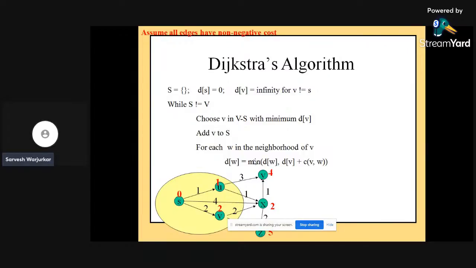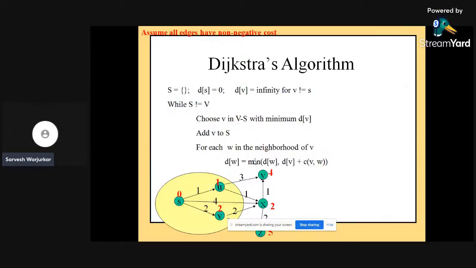Look, if we go with S to U, it requires one weight. From U to V there is a weight 3. So the total weight by using the first track, S to U and U to V, is 4.